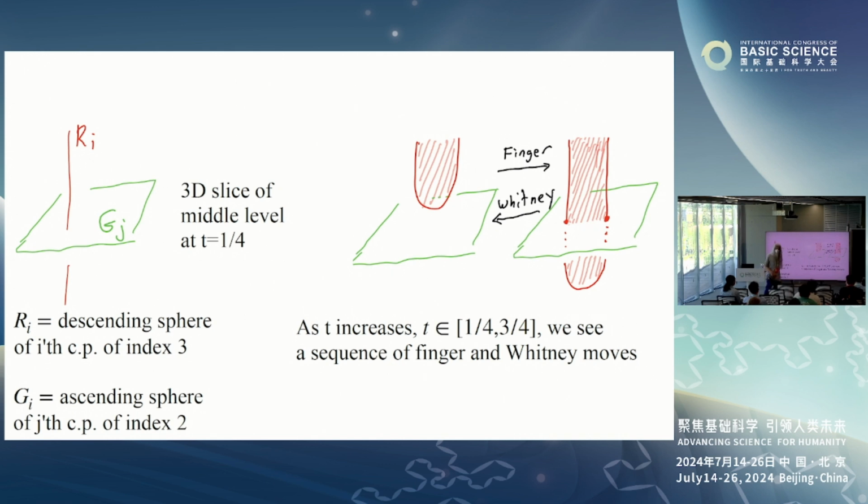Possibly create new intersections between ascending and descending spheres. So as you go from left to right, you see maybe some number of finger moves where it creates pairs of intersections. Some number of Whitney moves, maybe two finger moves, Whitney moves, a couple finger moves, Whitney moves.